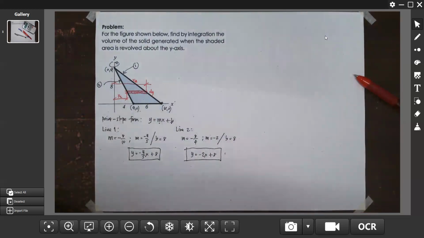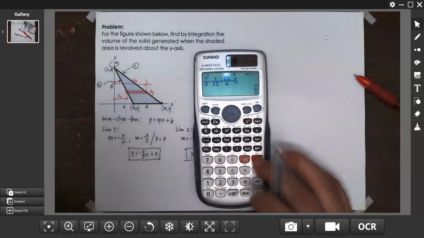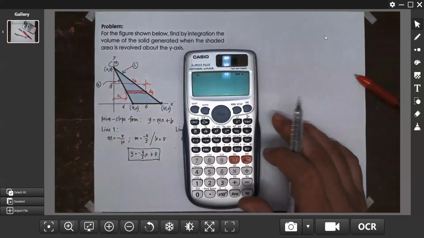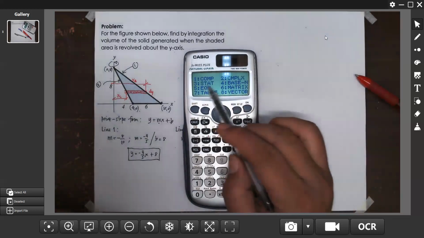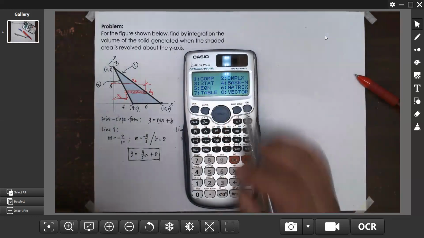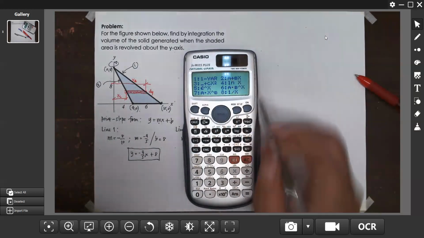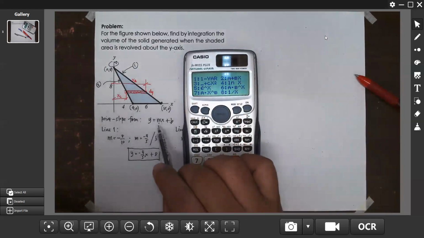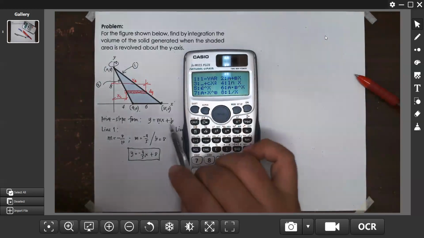Now, you can check this on your calculator. If you use your calculator, use mode 3, stat, and use this one, A plus Bx. Our B here is the slope, like mx plus b, and our A is the y-intercept b.